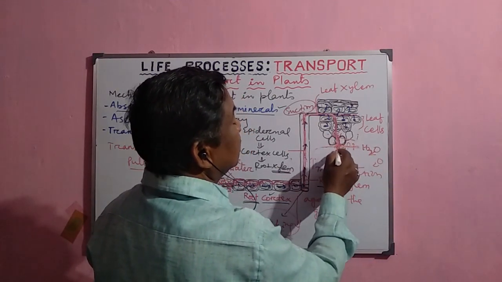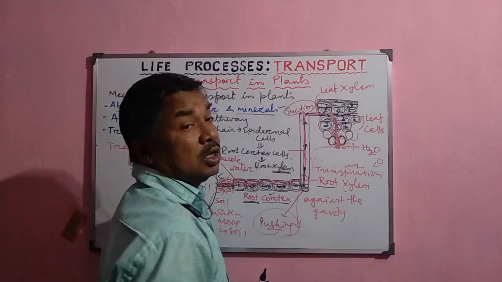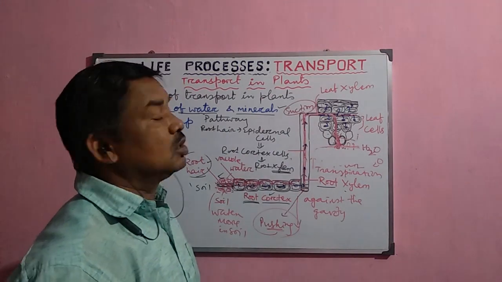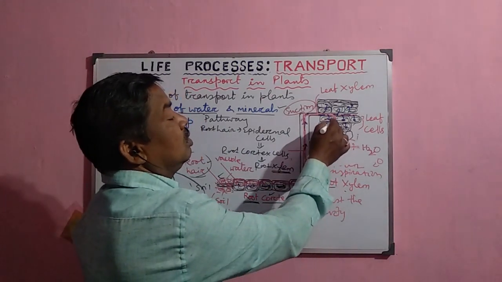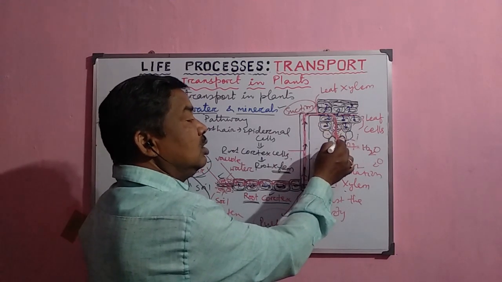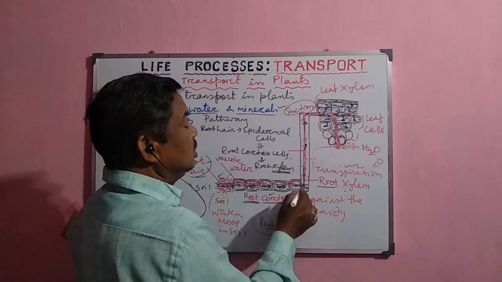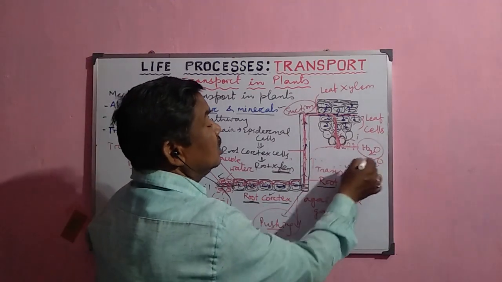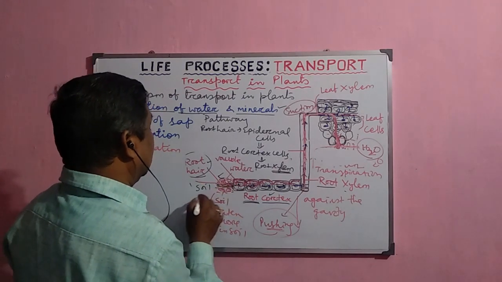The adjacent water molecules will automatically fill up the low pressure. When the water is lost here, the pressure becomes low. To make up this pressure, the water from high pressure moves towards the low pressure, and automatically the water moves in this direction. When there is a continuous loss of water, there is a continuous entry of water here.